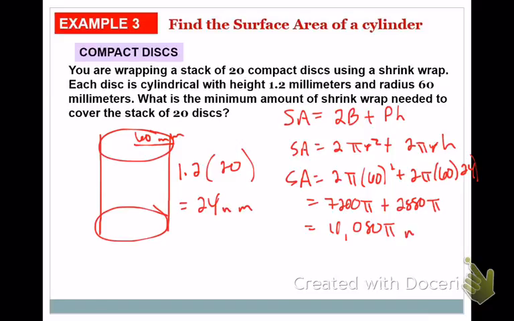This is going to be millimeters squared. Multiply that out and round it. Okay, now I'll tell you the minimum amount of shrink wrap needed to cover that cylinder. Okay? So we're going to keep doing this process of finding the area of the bases and add it to the lateral area, the area of the side. Okay?